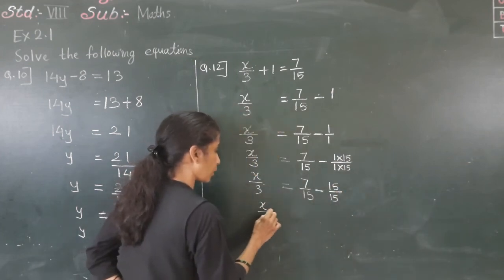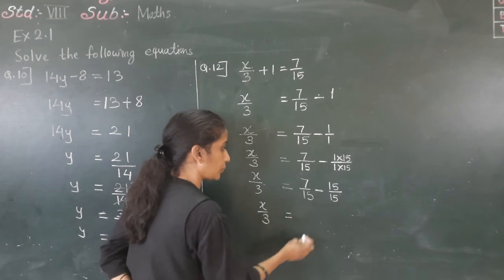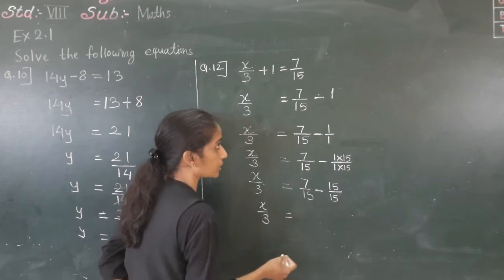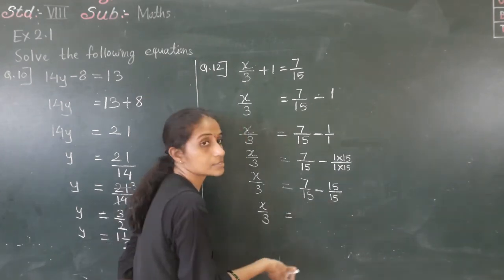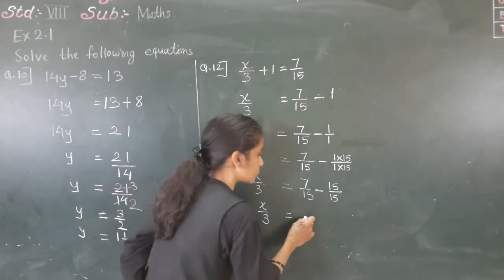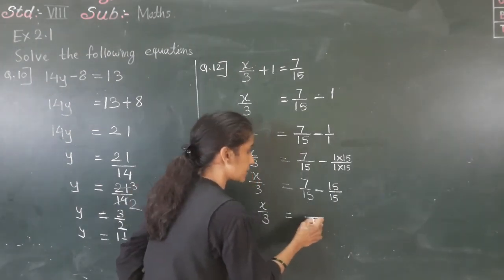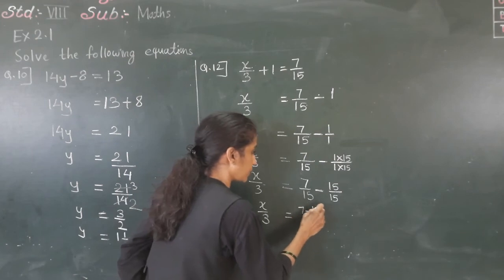Now x upon 3 is equal to, now we got the same denominator. So let's subtract the numerators. So 15 as it is, 7 minus 15.